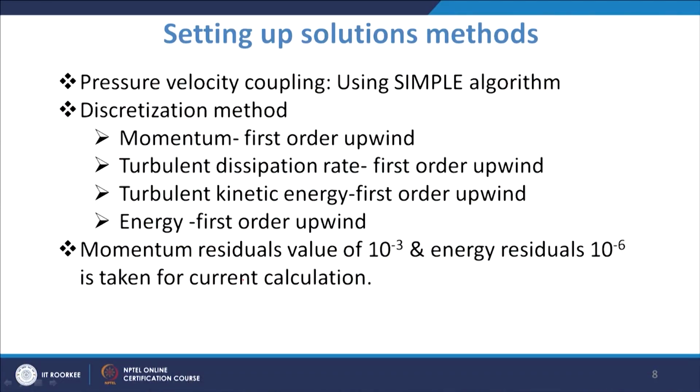That will be when you feel that steady state is reached, when the change in value is less than a certain set value. Then you stop. In standard codes we set these values, and you can have 10 to the power minus 3 to 10 to the power minus 6 for these parameters.